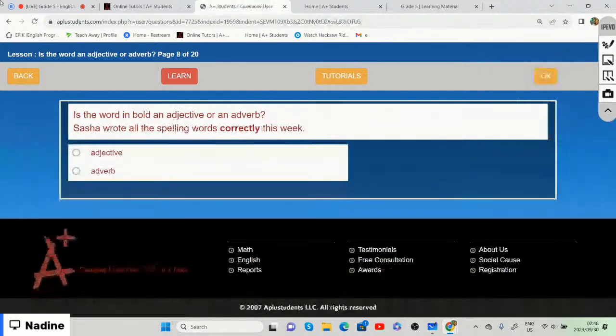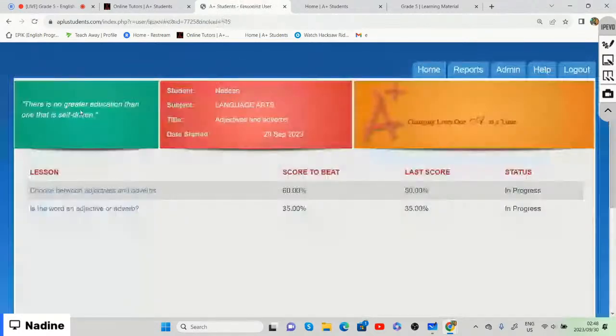All right. So that is our lesson on adjectives and adverbs. We said adjectives are words that tell us more about a noun, and they either tell us how many or what kind. And then we have adverbs, that tell us more about the verb, the adverb, or even an adjective.